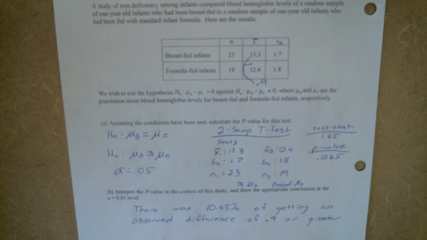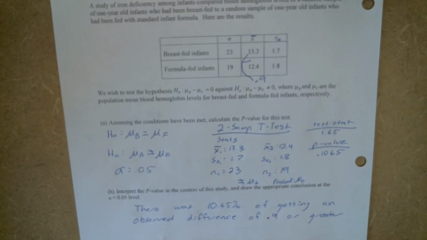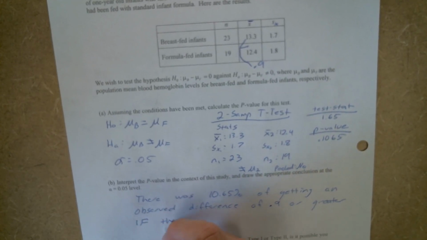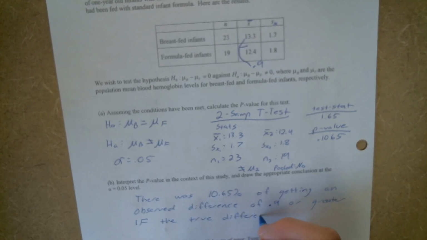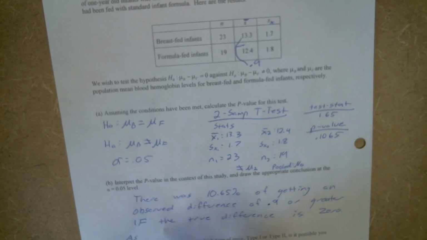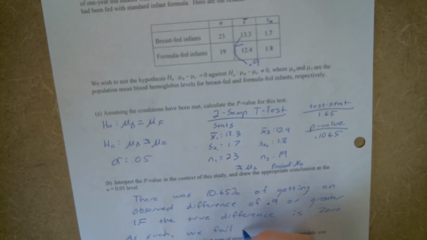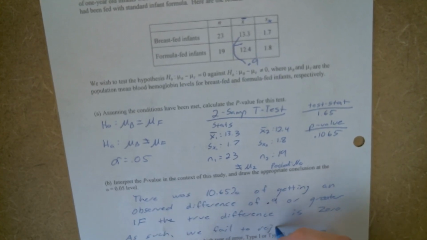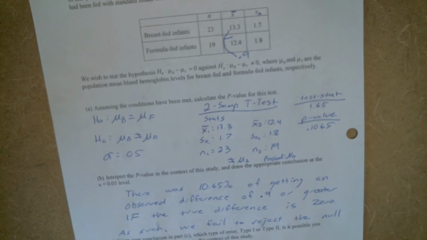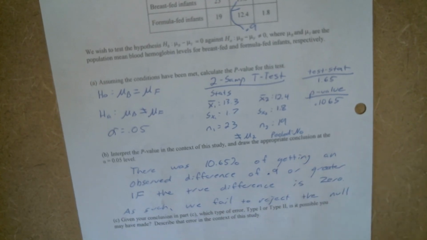So there was a 10.65% chance of getting an observed difference of 0.9 or greater if the true difference is 0. All right. So as such, we fail to reject the null because our p-value is above 5%.